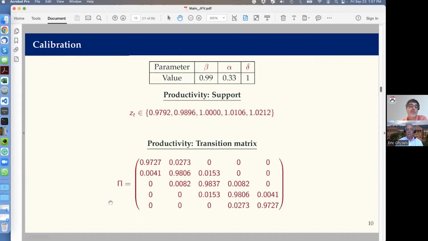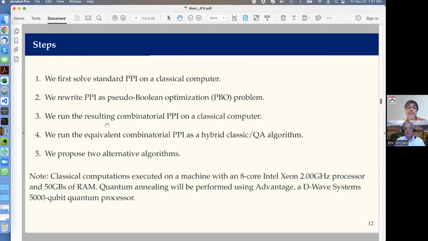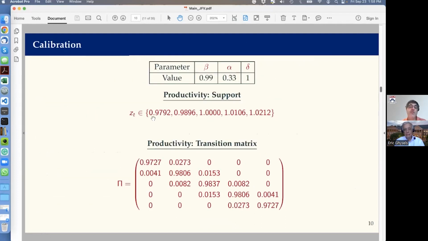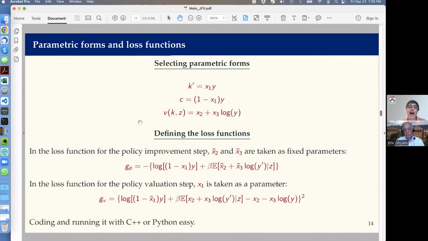Exactly. So this is going to matter for how good your model matches the data. If you have only 2, like high and low, then the model is going to do a terrible job matching the data. If you have ZT of 11, then your model is going to match the data of productivity very well. What this is going to matter is that the more elements you have in the support of the Markov chain, the harder it may be to compute this expectation.